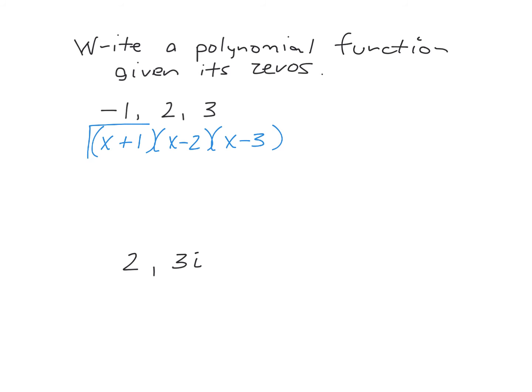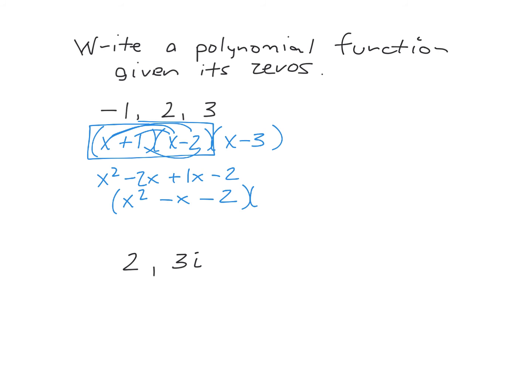So I'm going to take these two and FOIL it. I'm going to have x squared minus 2x plus 1x minus 2. Combine those like terms. I would have that. And then I would need to multiply this by that next remaining factor, which is x minus 3. So I'm going to distribute.